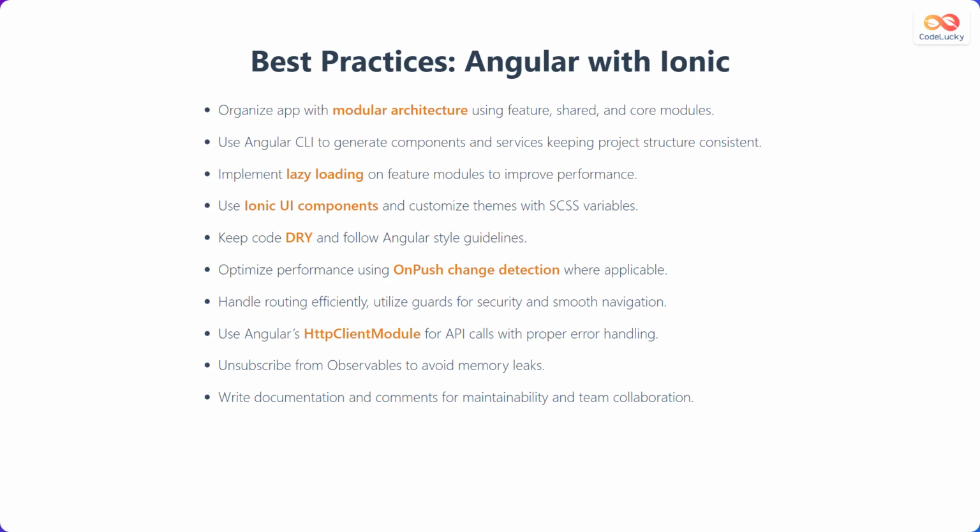Customize Ionic's UI components and themes using SCSS variables to create a unified user interface. Follow Angular style guidelines and use OnPush change detection where possible. Manage routing with guards to secure navigation, and always unsubscribe from observables to prevent memory leaks. Proper documentation and consistent coding style improve maintainability.